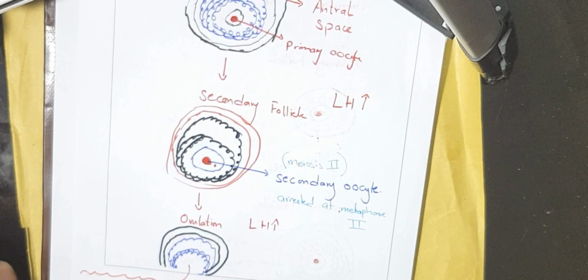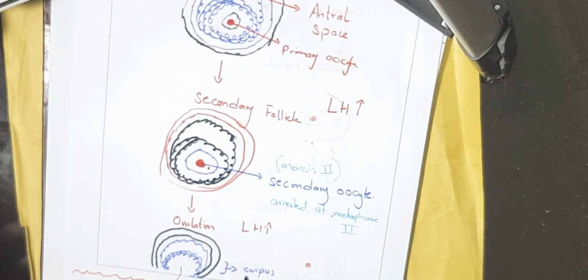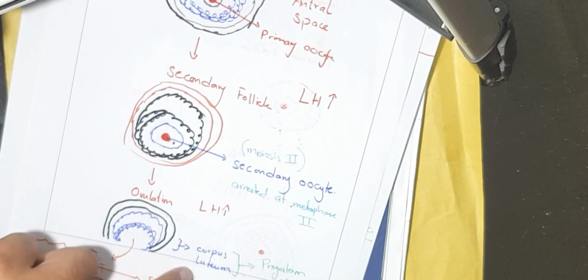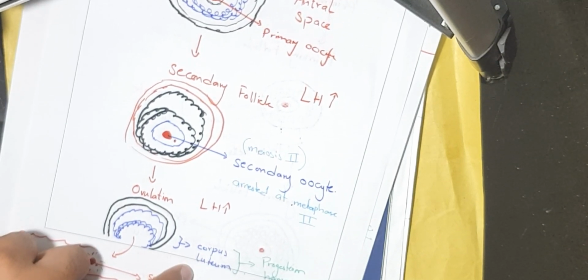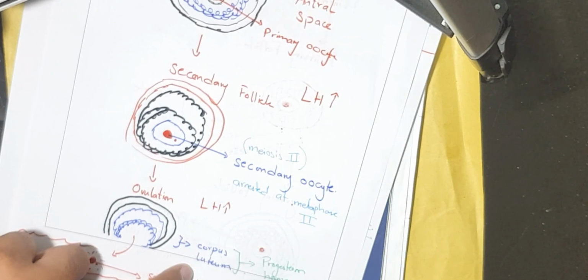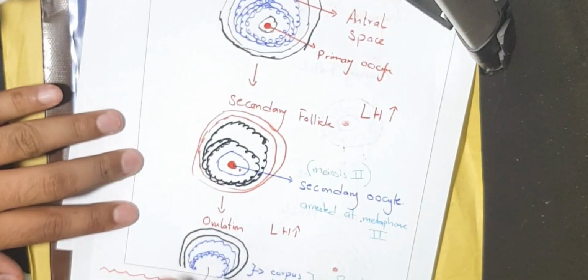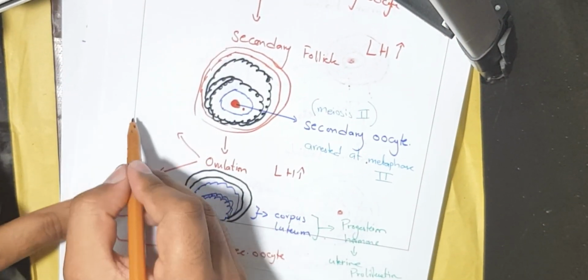There was this secondary oocyte, and now it has been released from the secondary follicle, and the thing which remains behind will be known as the corpus luteum. Okay, the corpus luteum is the structure left behind when the secondary oocyte leaves the secondary follicle. And this corpus luteum will release progesterone, which will cause uterine and endometrial proliferation.